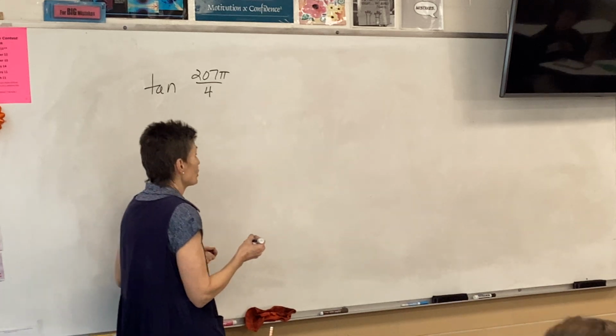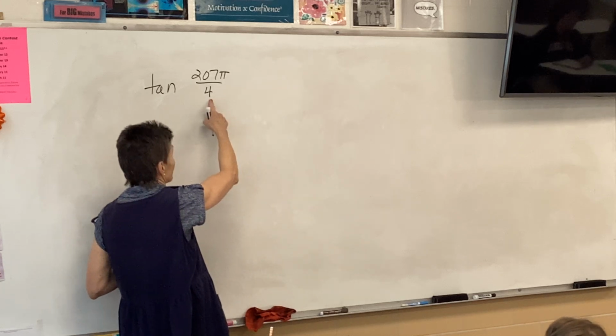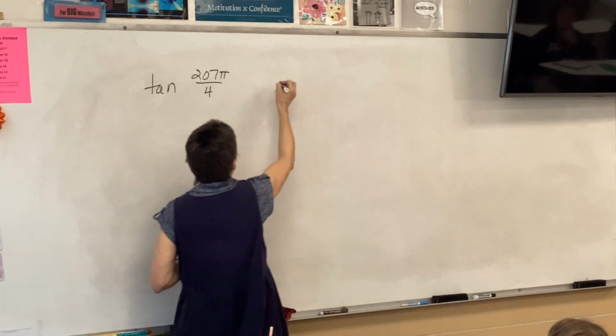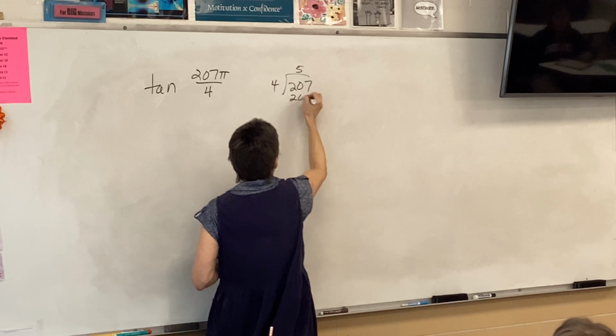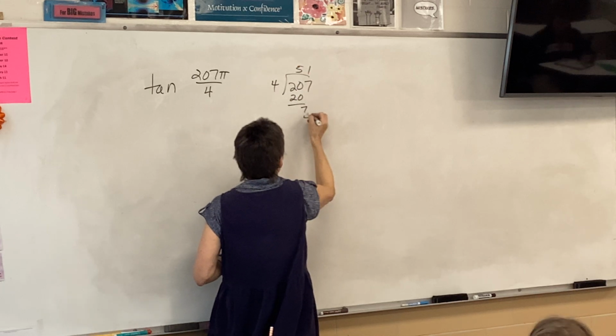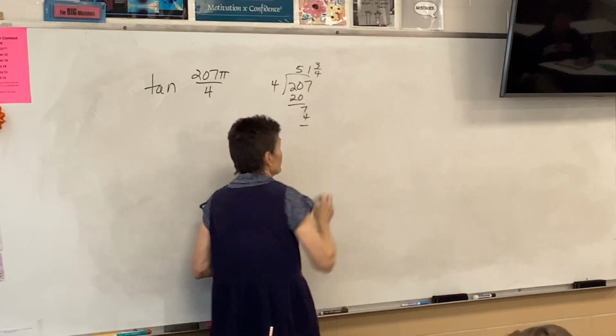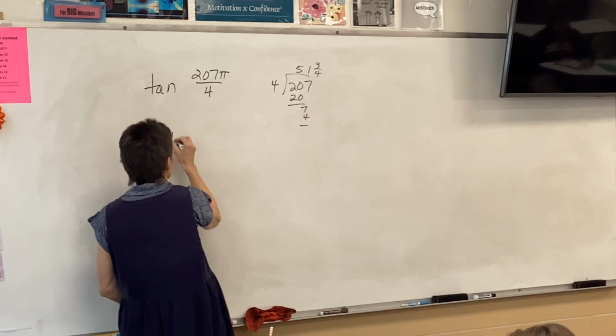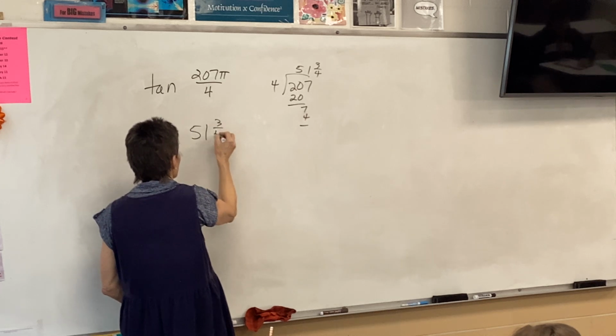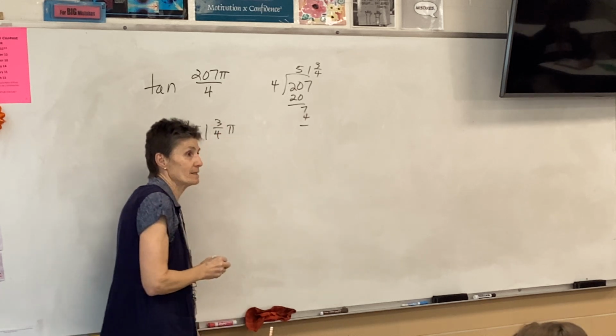This is huge. So let me write that as a mixed number. So 4 and 207, 51 and 3/4. Would you agree with that? So I am finding the tangent of 51 and 3/4 pi.